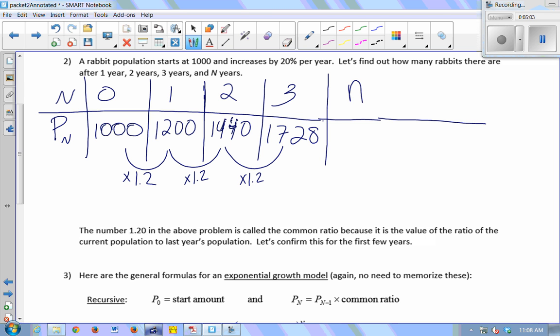So for step n, in year n, how do I get the population in year n? We can write a recursive formula. Just take whatever you had the year before and multiply by 1.2.